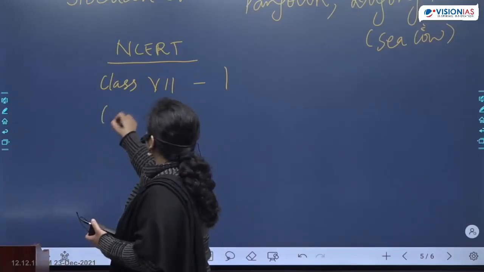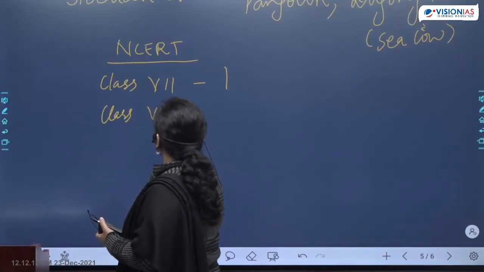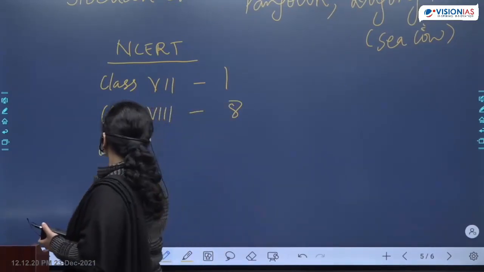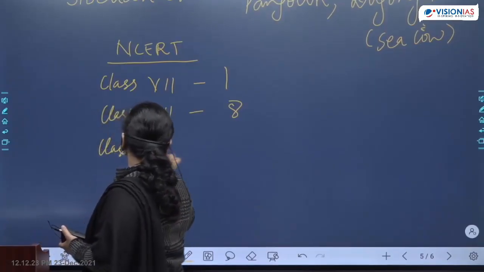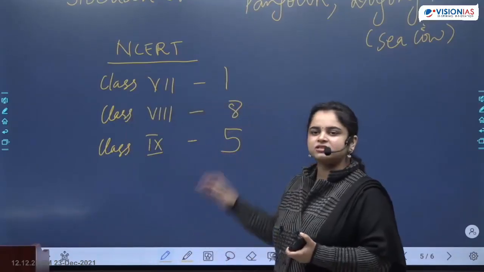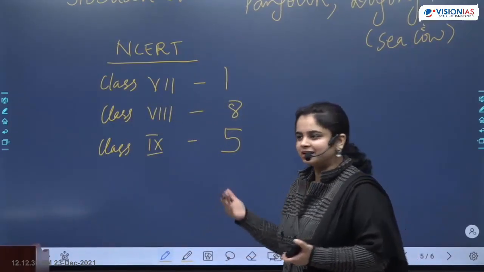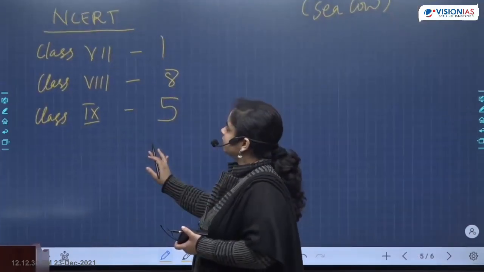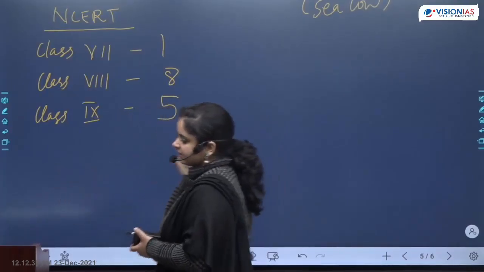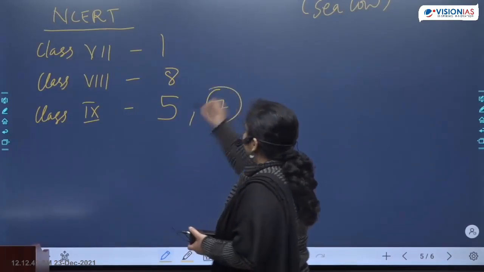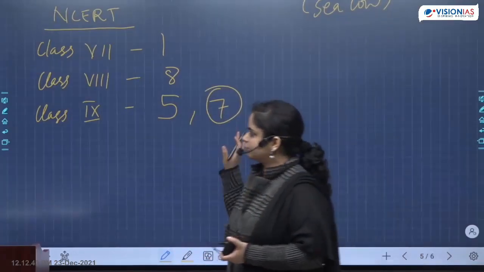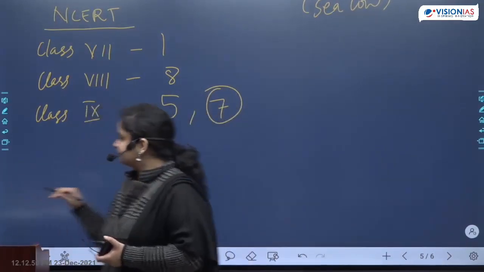Then we have class 8th, chapter number 8. Then class 9th we have chapter 5. Both of these chapters are on cells. So they'll cover the content about the cells which you are doing. Maybe you can just read them once and then integrate and not go back to them. And then there is chapter 7 which is on diversity of life, these different types and variations. So if you want, you can look this up.